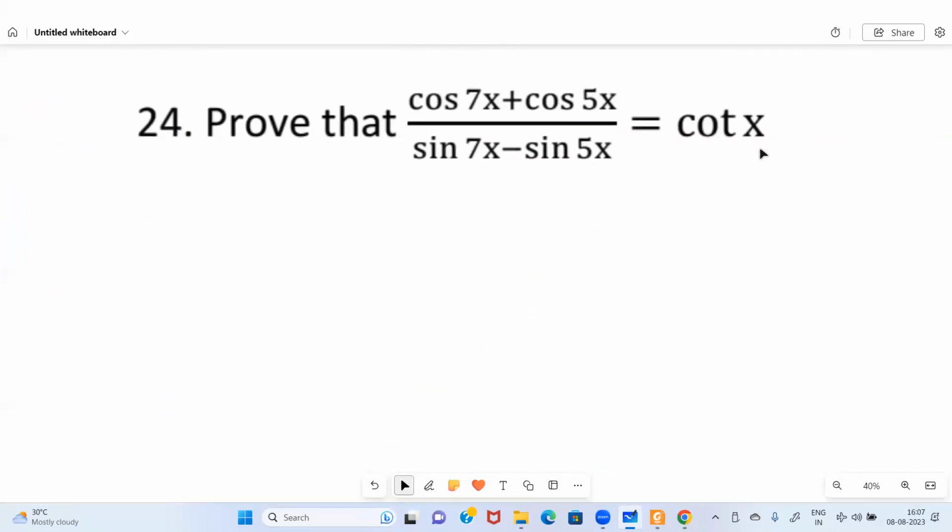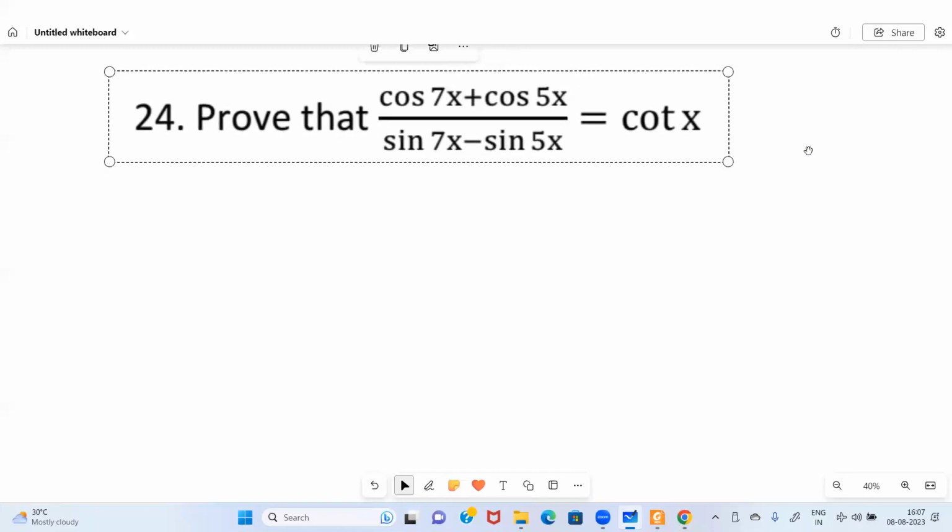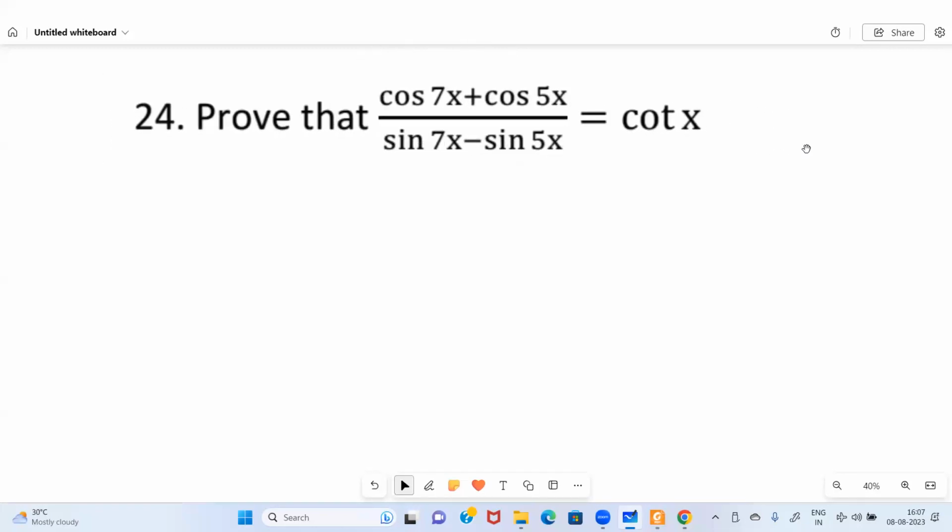Prove that (cos 7x + cos 5x) divided by (sin 7x − sin 5x) is equal to cot x.